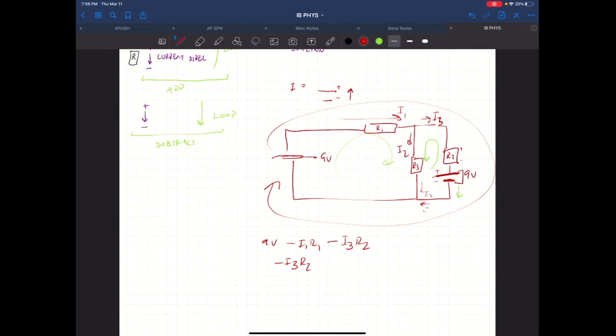Because if that's the positive side, then yeah, it would be flowing from positive to negative. So for this, you would multiply by negative I, because it's in the opposite direction.